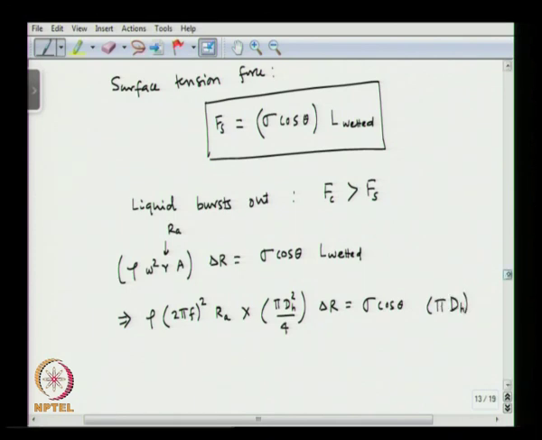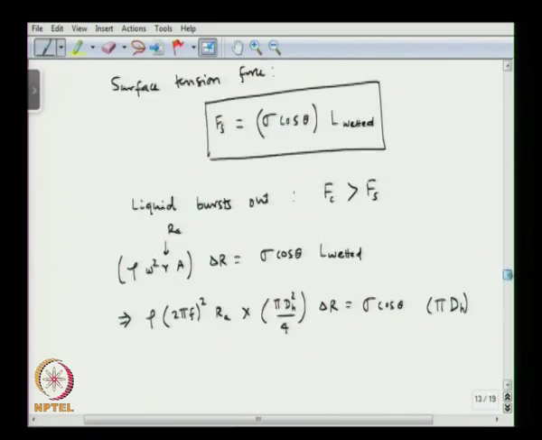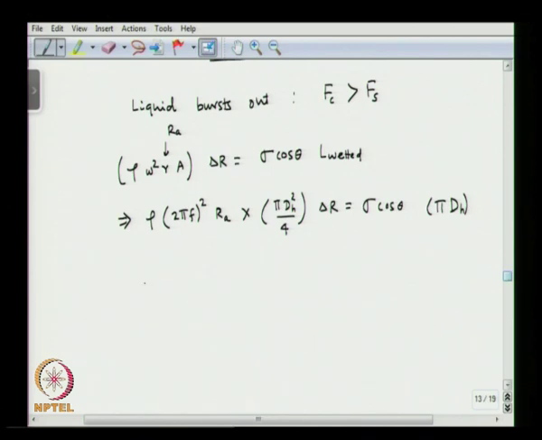Let us say dH is the hydraulic diameter of the channel, okay.